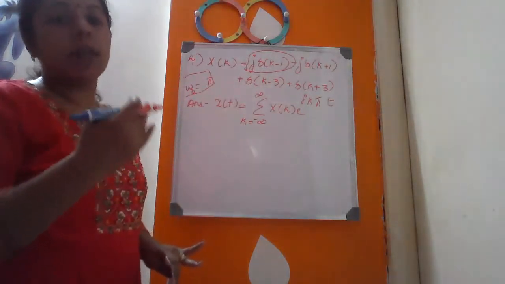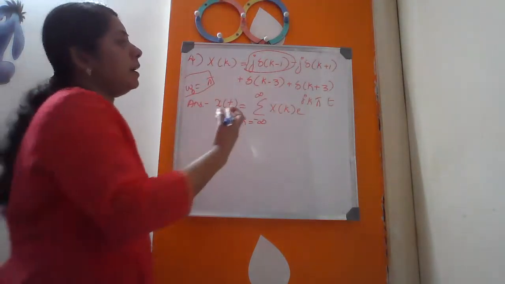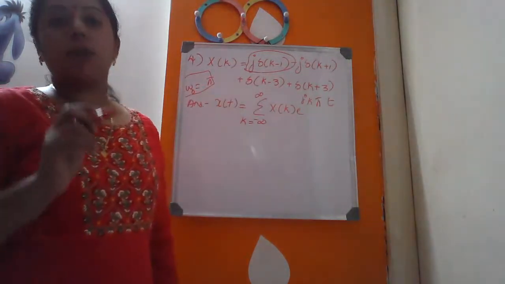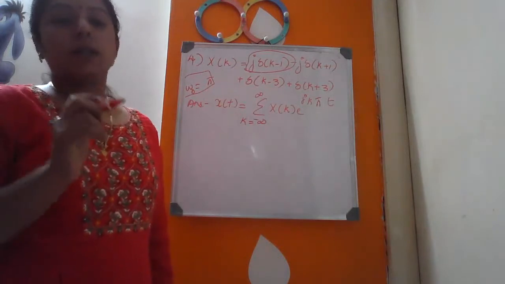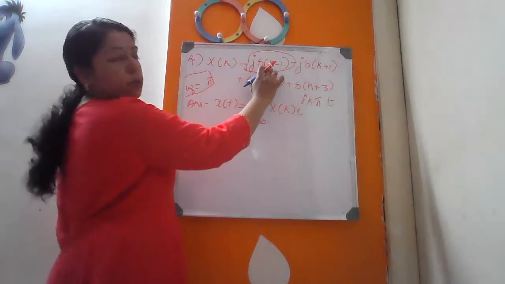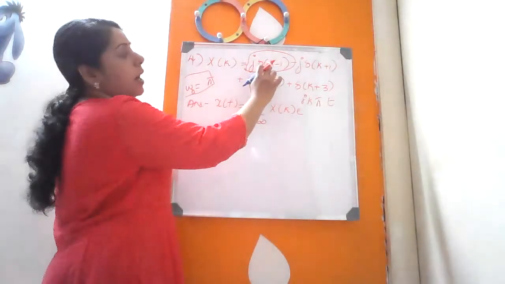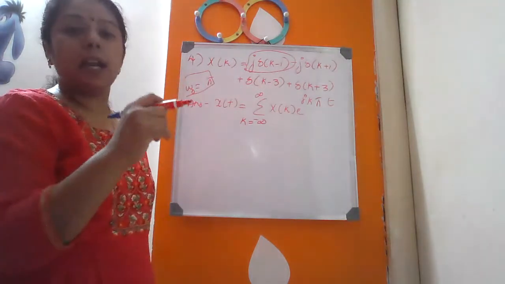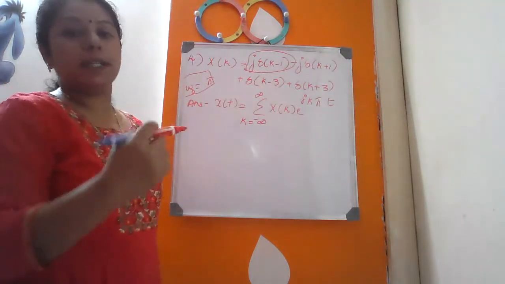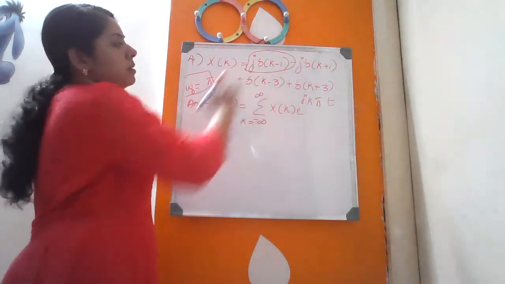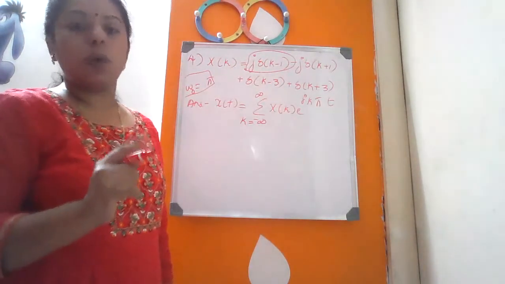You know that the impulse function has value only at 0. So to get del of 0 here, I have to substitute k is equal to 1. Then only I will get del of 1 minus 1, which is del of 0.